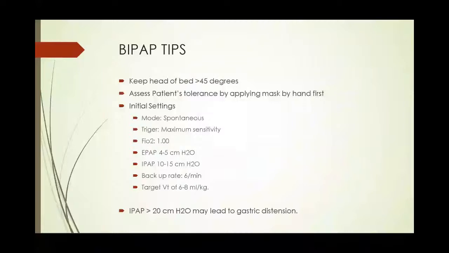You're going to crank the FiO2 up to 100% and titrate down. A good place to start as far as your EPAP is 4 to 5 centimeters of water, and then the IPAP is 10 to 15. And your target tidal volume would be 6 to 8 mL per kilogram, and that's ideal body weight.